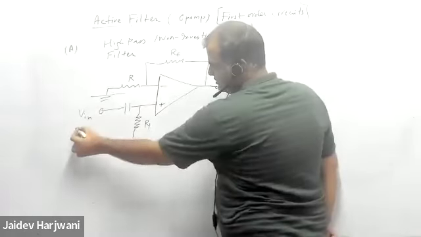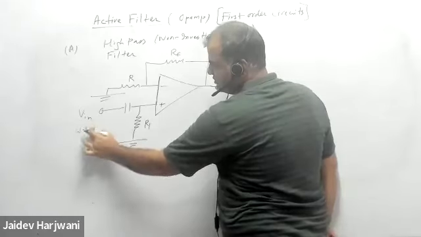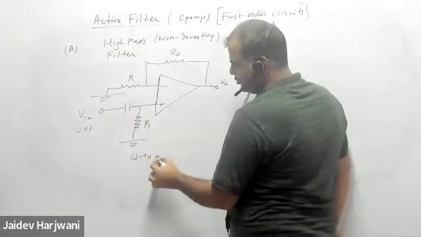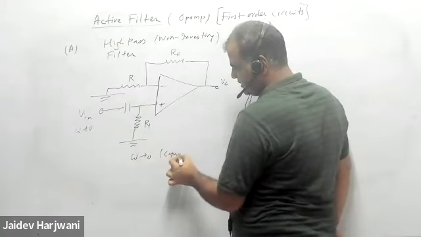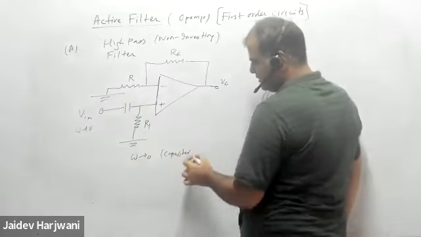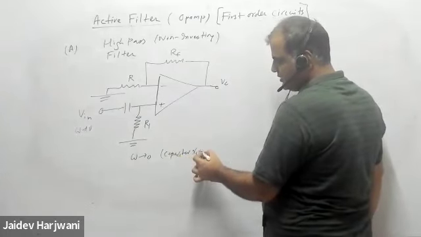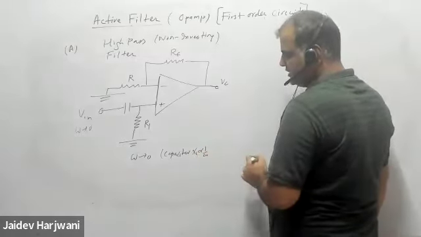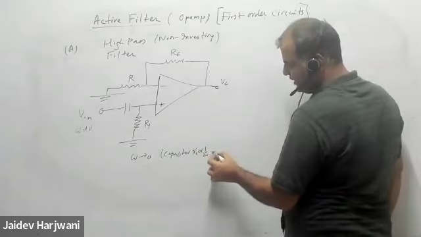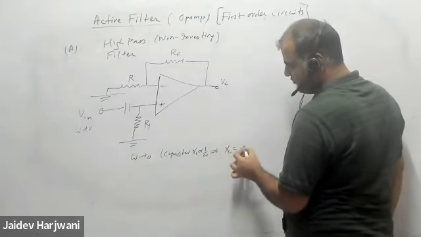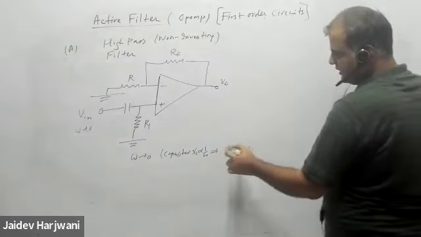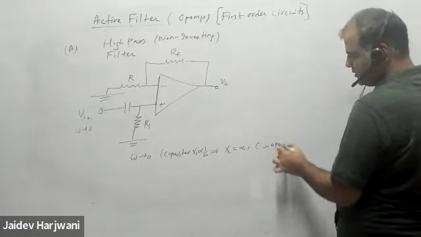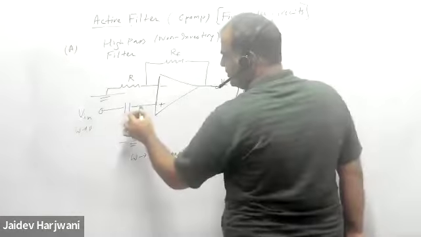Directly you can check when the signal has a low frequency, say 0. If the signal has frequency 0, the capacitor is open. For DC the capacitor is open. XC is proportional to 1 by omega, so this becomes infinite. XC infinite means the capacitor is open, and with it open, no voltage reaches here.